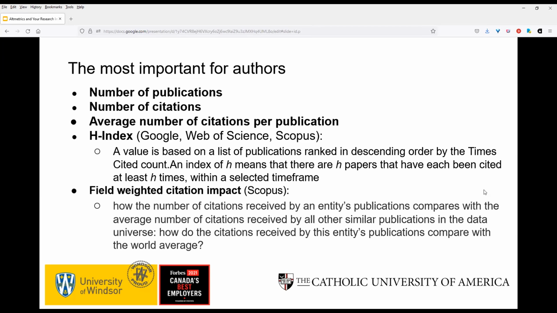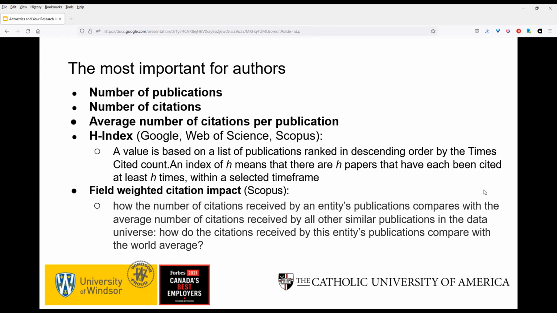You're also going to be able to calculate the H index, which is available in Google Scholar, Web of Science, and Scopus for that particular author. And we'll talk about some of the differences that one will see with the H index over those three products and how you need to bring a critical eye to the H index because it can easily be spoofed, perhaps.